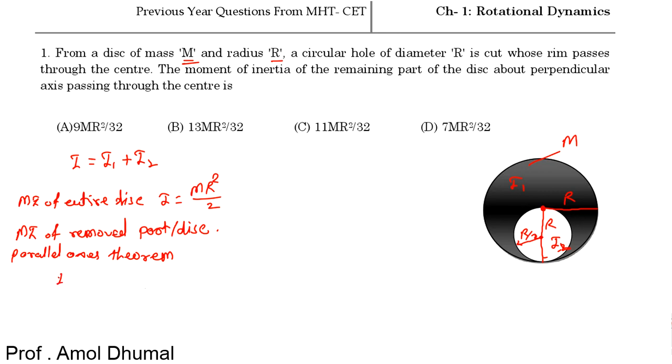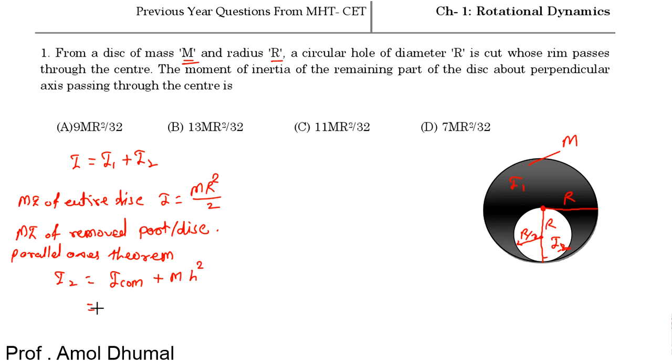So I2 is equal to I about center of mass plus m into h square.